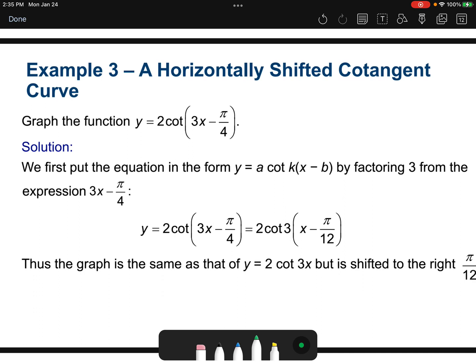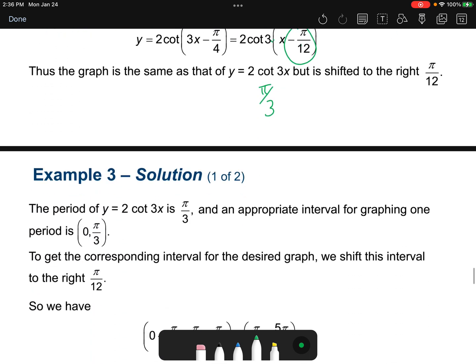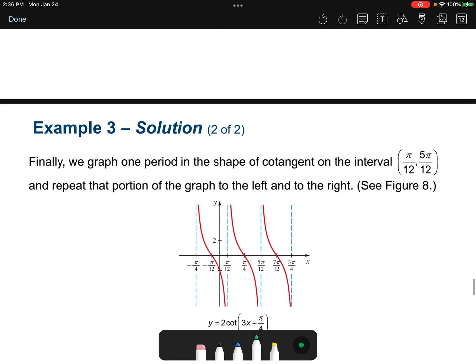Oh, no, we don't. Just once. And then we could do what they did here by taking out a 3 and know that pi over 3 would be our period with a shift of pi over 12. Not that big a deal. We're just graphing it. And we get these curves that are almost straight lines. So that's pretty cool. But we can see every pi over 3, we have a vertical asymptote.